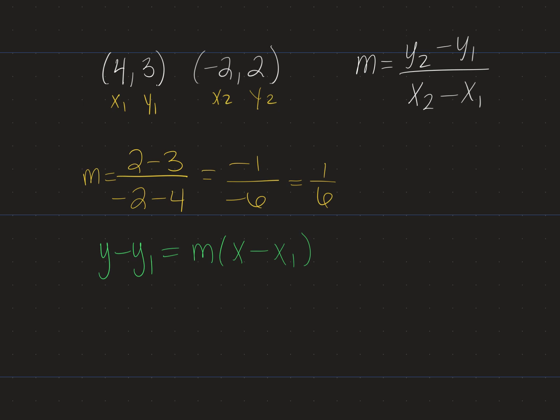Okay, so y minus 3 equals 1/6 times x minus 4. So I'm going to distribute. So 4 over 6 reduces to 2/3.